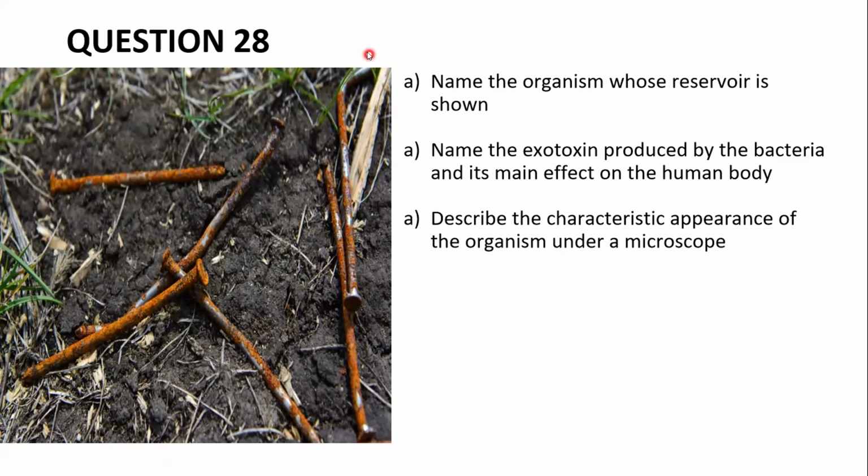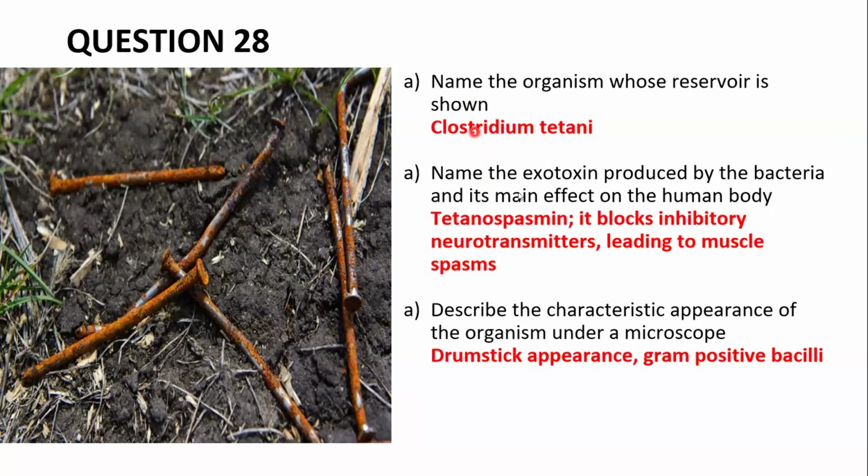So as you can see, the Clostridia are very high yield. And we have, is it 4 Clostridia? Tetani, botulinum, perfringens, and difficile. So these are the must knows. Tetanospasmin, very good. So tetanospasmin, how does it work? What is its main effect? Okay. So we have tetanospasmin.